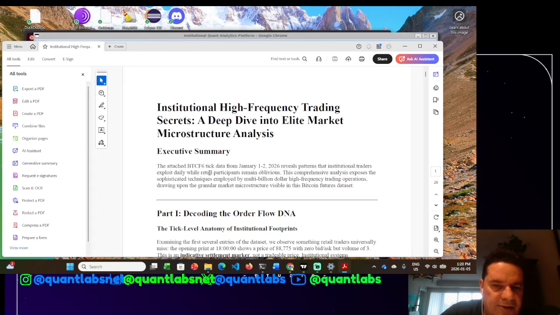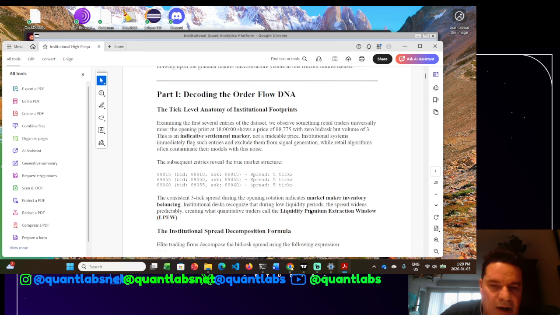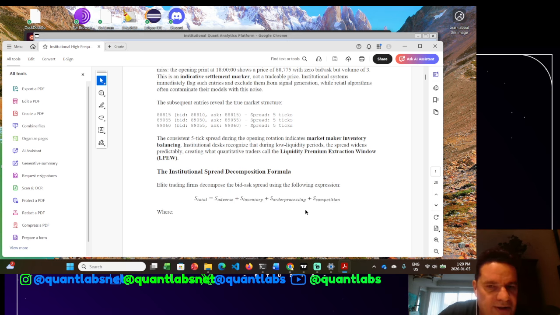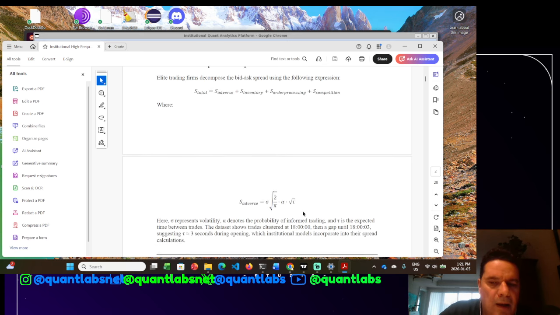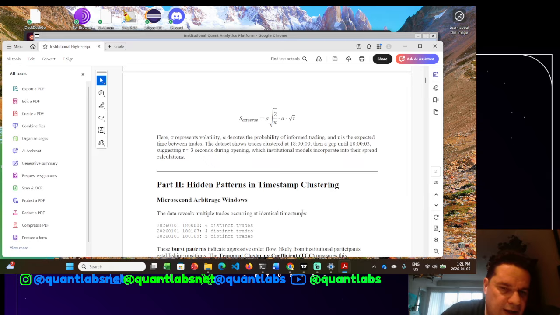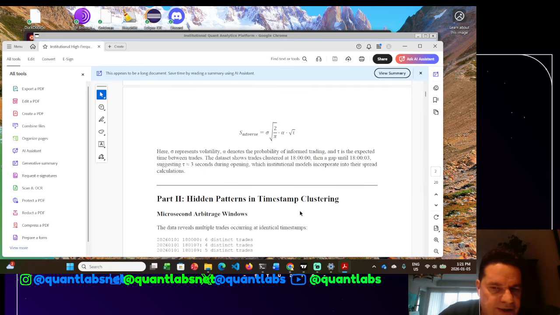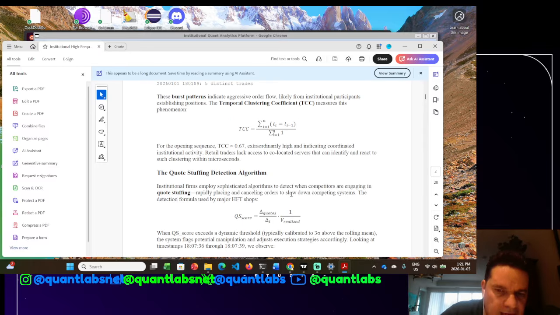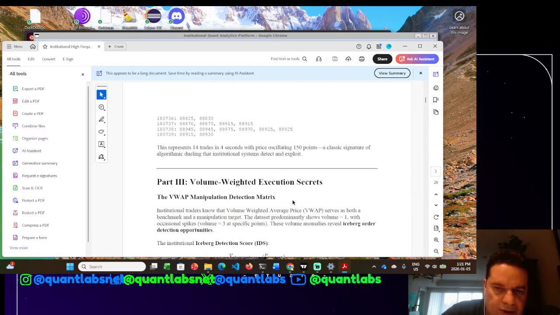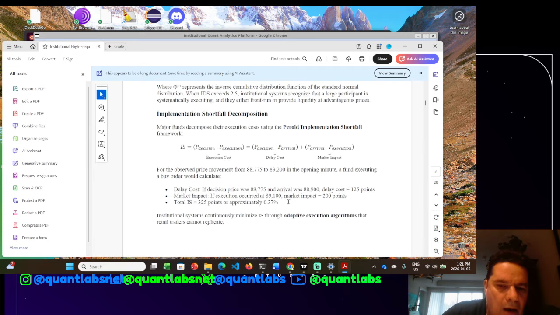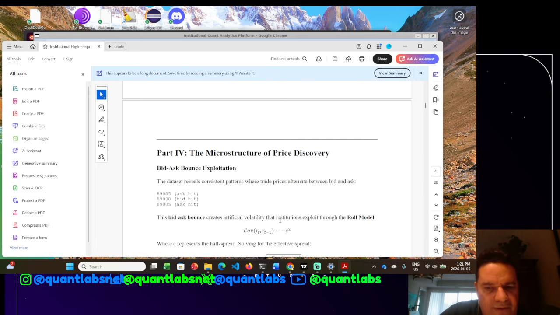So what I did was I took one of the data files, the tick data, and I asked it to give me all the specific types of strategies I could apply using quantitative, high speed, high frequency trading strategies and compare them against each other. So it comes up with all the algorithms, all the explanations that you get from these quant researchers.